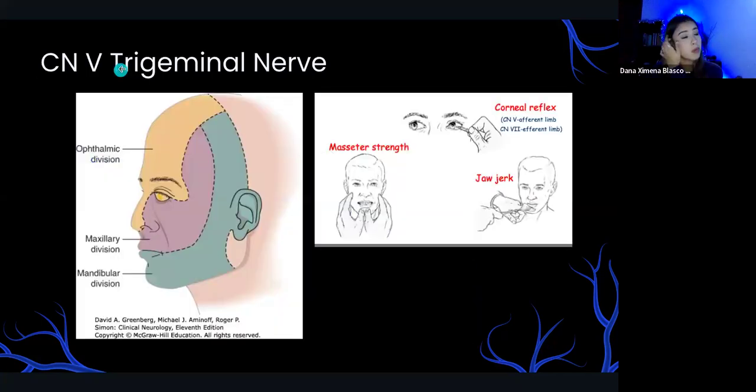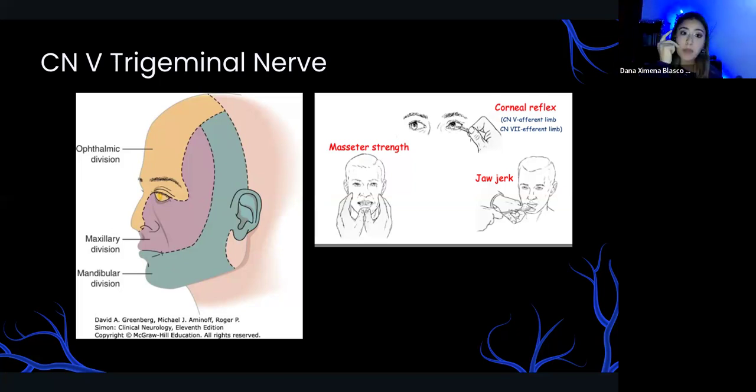Cranial nerve number 5 is going to be the trigeminal nerve. The trigeminal nerve, as you may already know, has three divisions: the ophthalmic division, maxillary division, and mandibular division. But this is a nerve that has a sensitive part and a motor part.